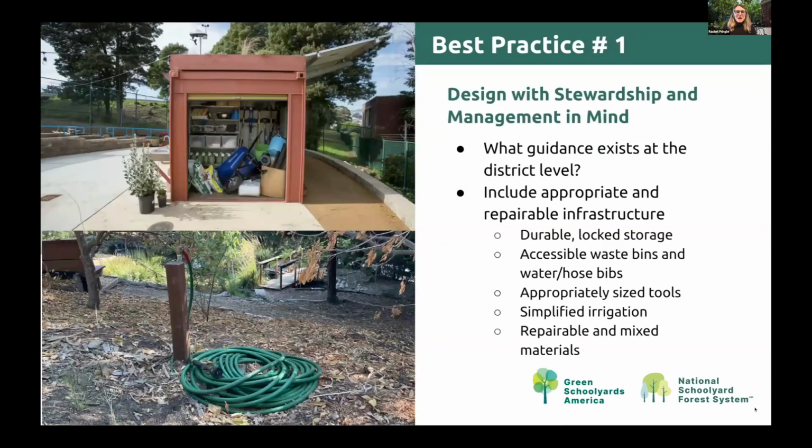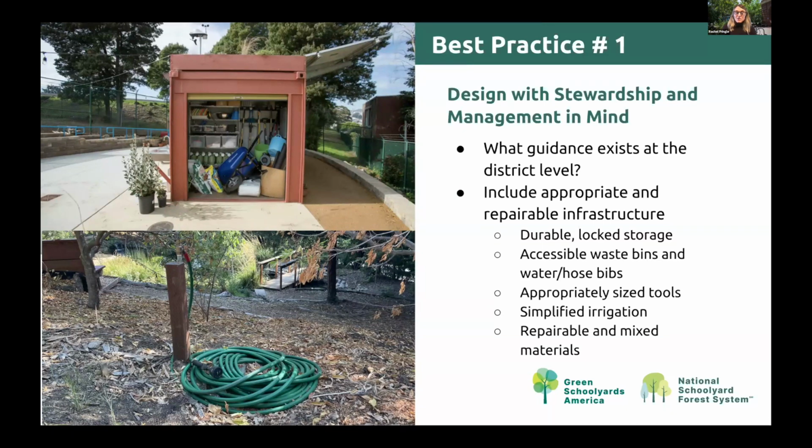Best practice number 1, design with stewardship in mind. A schoolyard forest or living schoolyard should be designed with an understanding of what the long-term stewardship and management of the space might entail. Initial plans could consider what is already in place at the school or district level, if there is anything in place, to guide how a schoolyard is managed. School districts may have maintenance contracts or stewardship contracts, guidelines, and policies for who and what is involved in schoolyard maintenance, and these documents should be consulted during design.